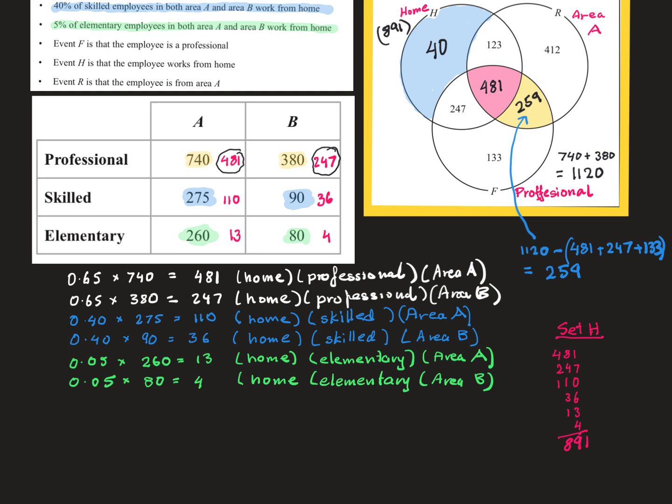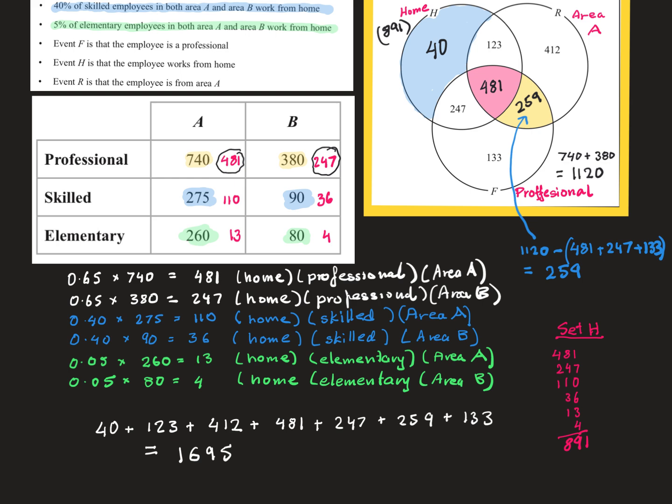We know what set H, set R, and set F are, but what about outside these sets? What is the value there? Because none of these represents the area B. So we need to add up every single number in those sets, which should add up to 1,695 employees.